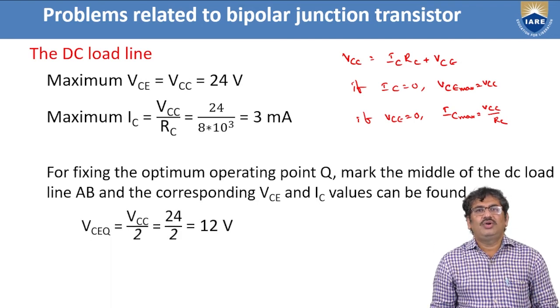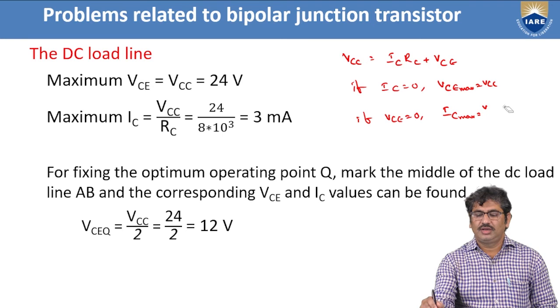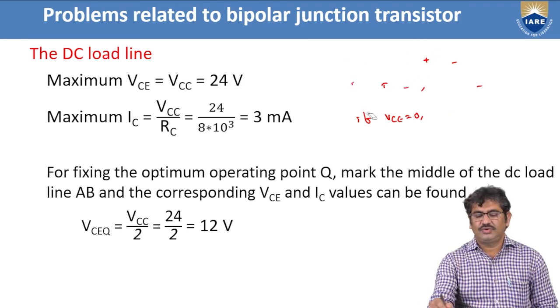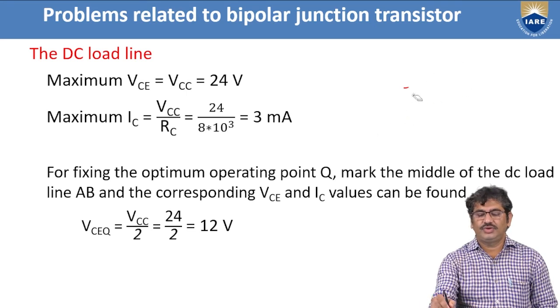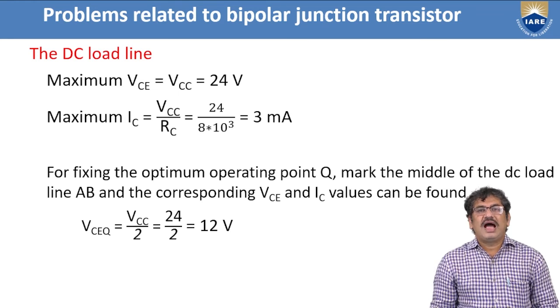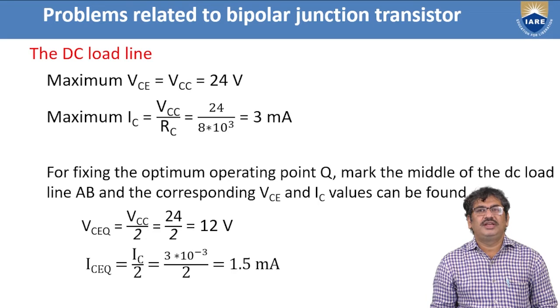For finding out optimum Q point, we need to select the Q point at the middle of the load line. So VCEQ is equivalent to VCC by 2, that is 24 by 2, 12 volts. ICQ is equivalent to IC divided by 2, which is 3 into 10 power minus 3 divided by 2, which will give us 1.5 milliamperes.